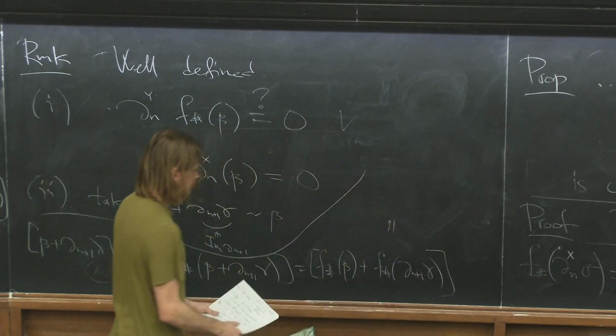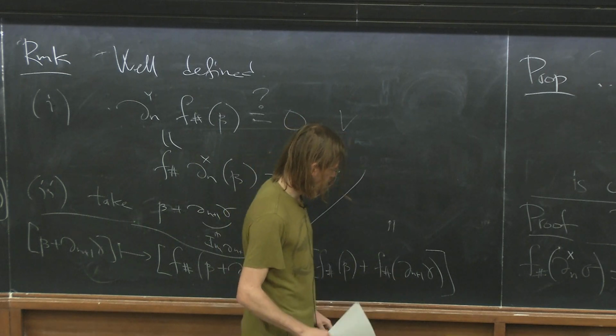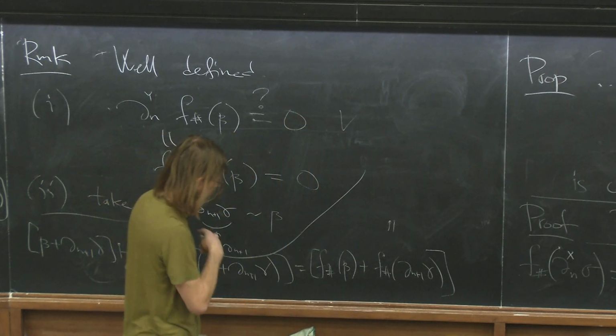And then I can use, again, the fact that we showed that this F sharp can be exchanged with D, the boundary homomorphism.